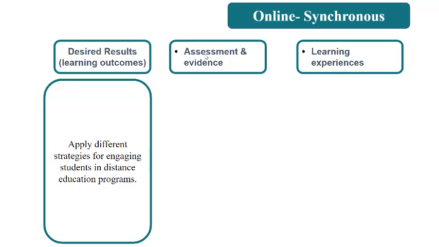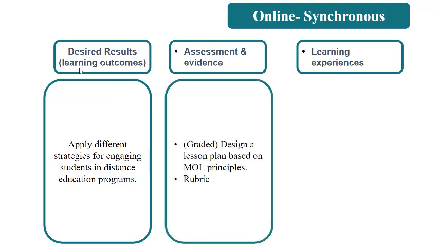Then what are the assessment evidence that align with the desired result and help to accomplish these learning outcomes? For example, I have a graded task to design a lesson plan based on meaningful online learning principles, and here I'm also going to use a rubric in order to evaluate your performance.